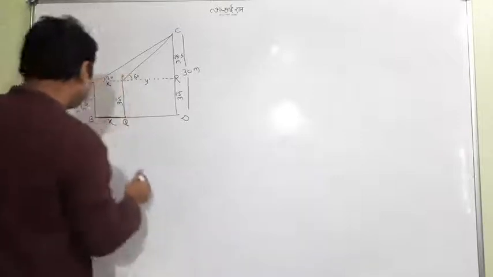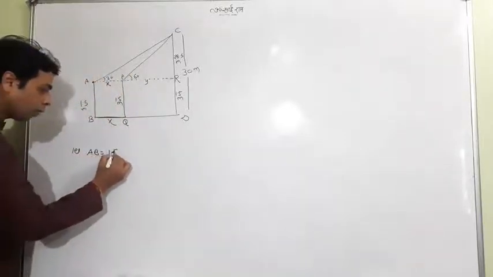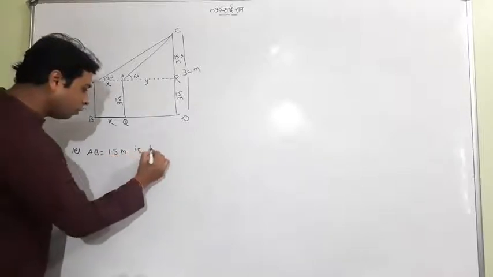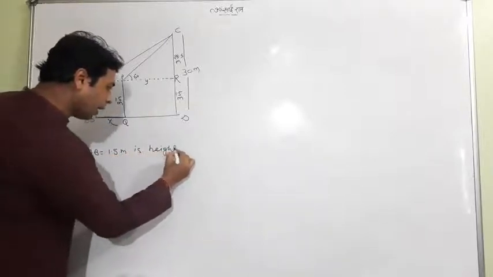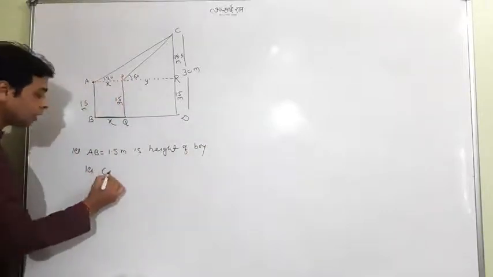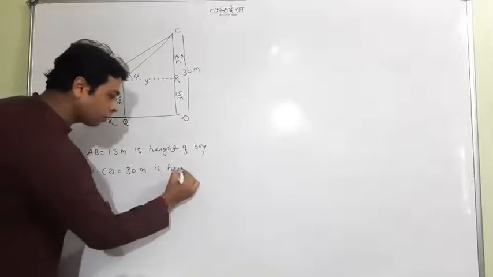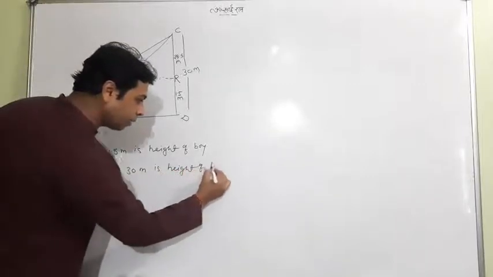Okay. Now the rest of the things. Let AB be 1.5 meter, the height of the boy. Let CD be 30 meter, the height of the building.